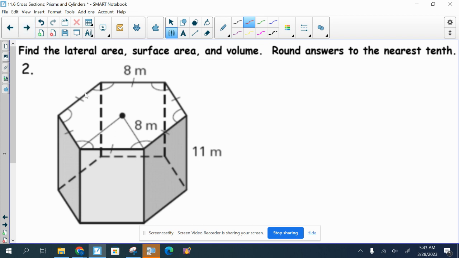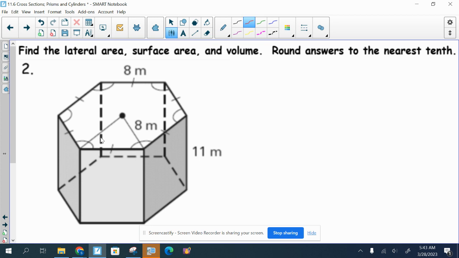So there is a formula for finding the area of a hexagon, but I don't like to teach kind of random formulas that you might forget. Instead, what we're going to do is find the area of one of these triangles, and then you see there are 6 triangles throughout the whole hexagon.